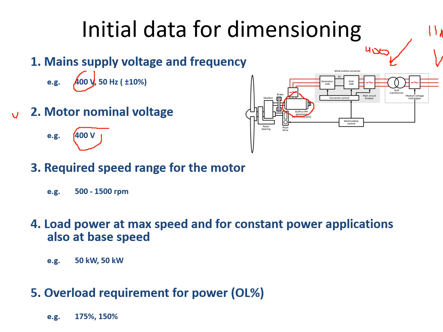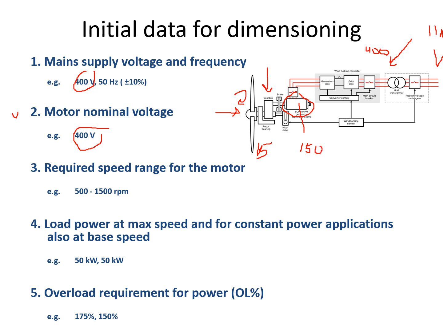Next question is, what speed range do we expect our motor to operate in? Since we have the gearbox here, we can always bring up the speed of the propeller turning. It's maybe just 15 RPM, but we can gear it up from 15 on the blades up to 1500 on the motor side.